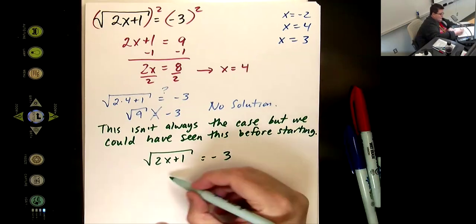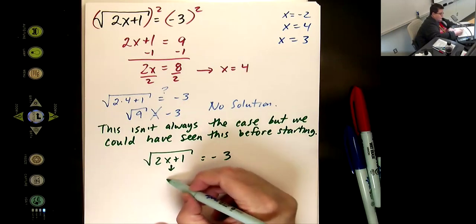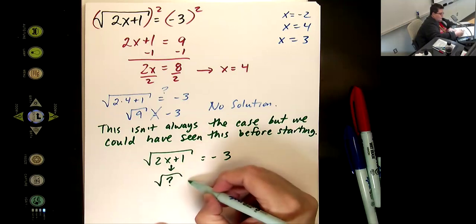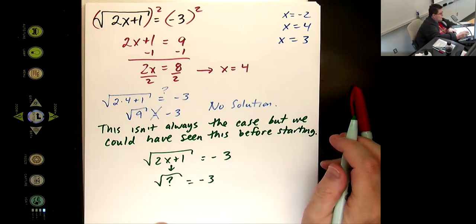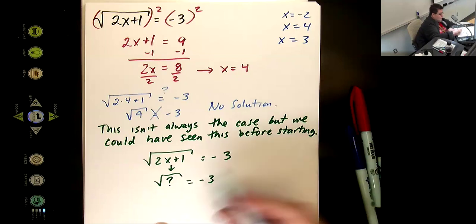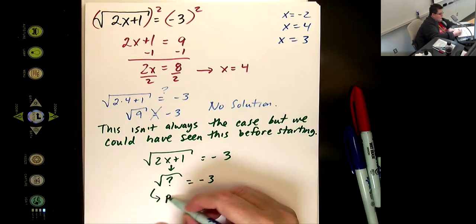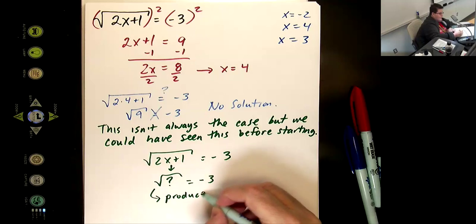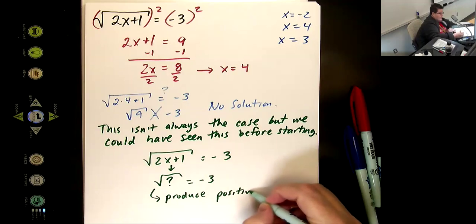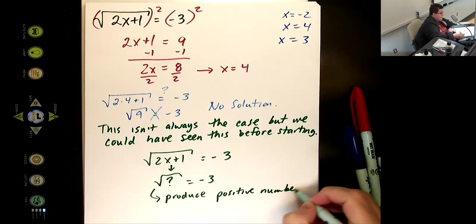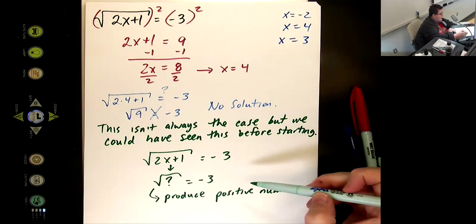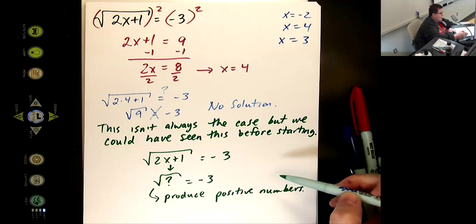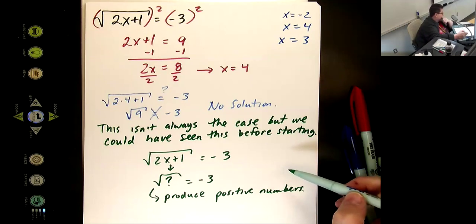What if I just treated that as a question mark? What has the square root, when you take the square root, you get -3? Nothing. Square roots only produce positive numbers. So it doesn't matter if there's any negative number on the other side and the radical is all by itself already, then you're fucked.